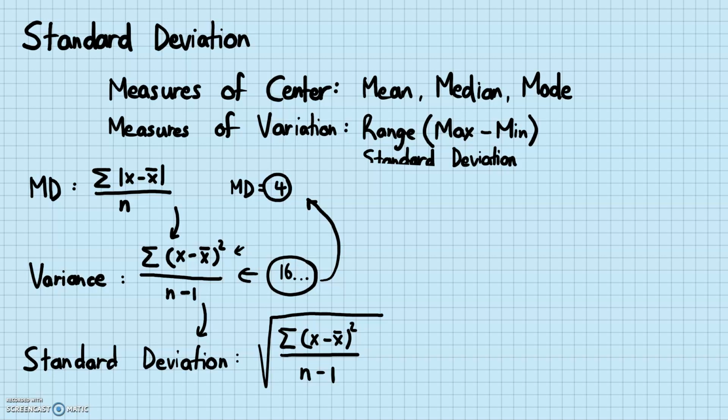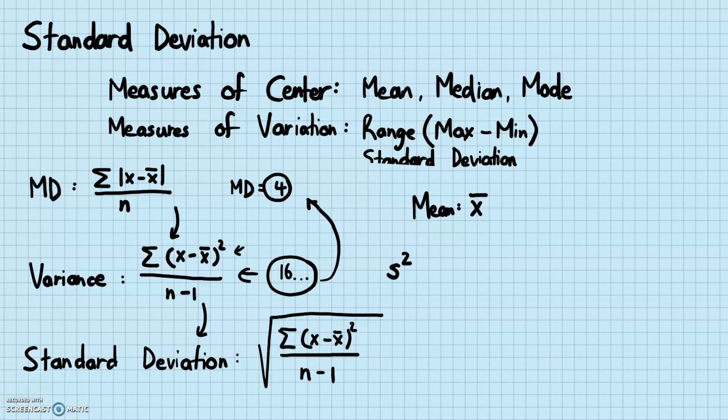Now, I've mentioned before that to notate the mean, we usually use x with a little bar on top. And for variance and standard deviation, they also have special letters associated with them. And that is S, or sometimes they even use sigma.